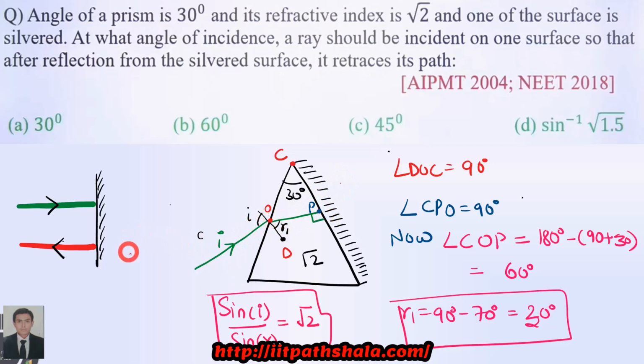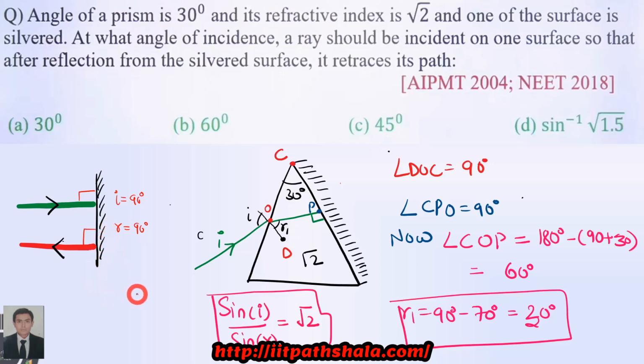Now if you apply the basic concept of retracing, you will know that if I am having a plane mirror and if I am incidenting my ray at an angle of 90 degree, then I'll be getting the ray retracing its path at the same angle. So if I'm incidenting at a 90 degree angle, then my reflection angle will also be 90 degree, by the law of reflection itself.